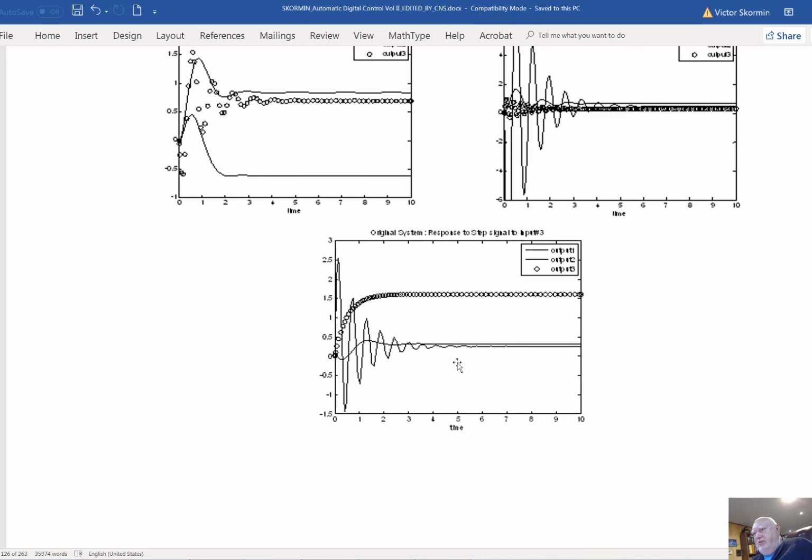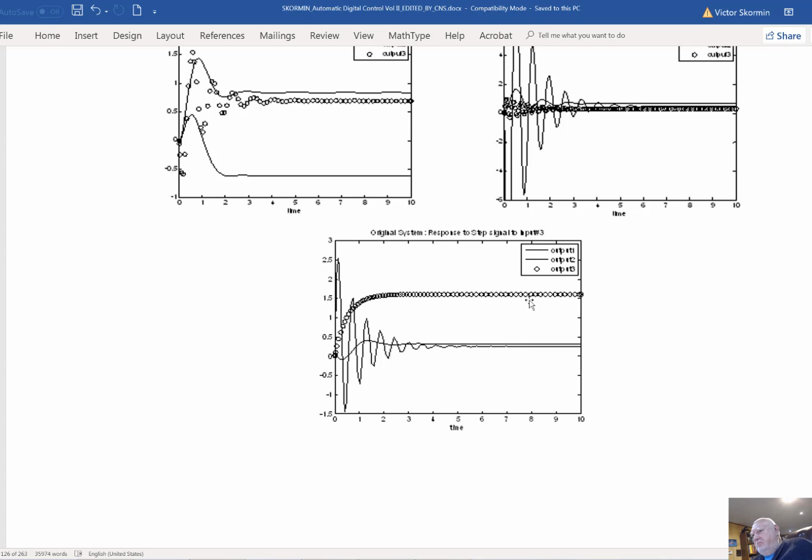I guess it is good to look at this graph. What happened here is this. I applied a unit step with the magnitude of 1.5 to the input, not the reference, but to the input row 1. As a result, this step applied to the input row 1 causes increments in reference 1, reference 2, and reference 3 of the local control loops.